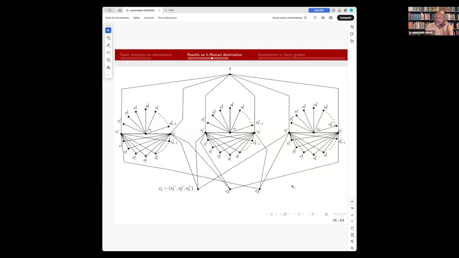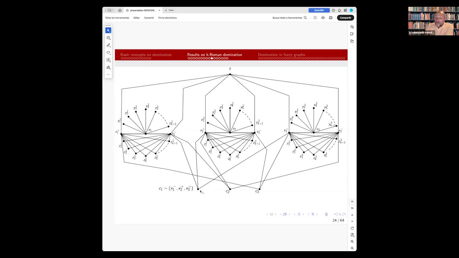By considering this gadget for each element xy, we construct the bipartite graph associated to the instance of the 3-SAT problem by adding another vertex t that will be adjacent to each and every one of the extra vertices, x plus and x minus.